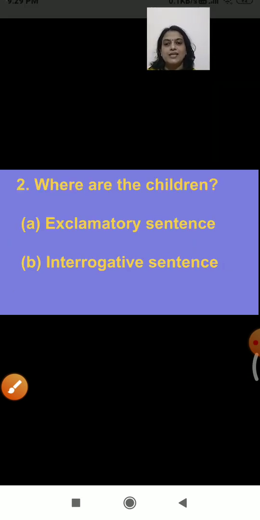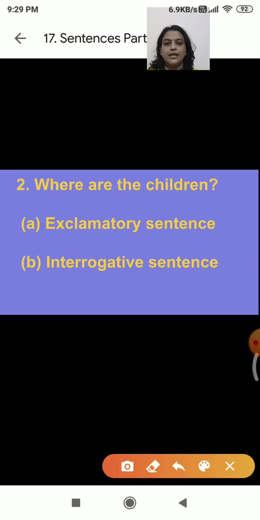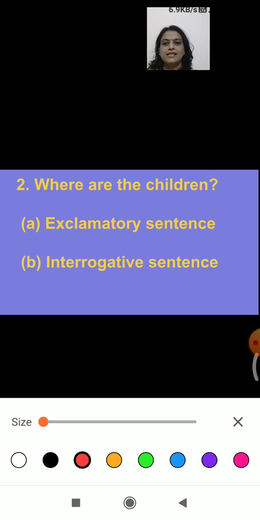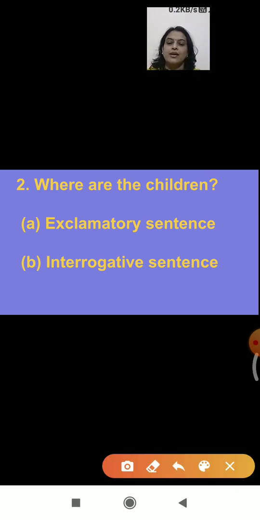Yeah, now let's move ahead. Now this is the second one. Can you read it out? Yes? Okay. Where are the children? So, easy to find out, right? It is a question and it is ending with a question mark. So, what is it? Exclamatory sentence or interrogative sentence? Yes, question mark.